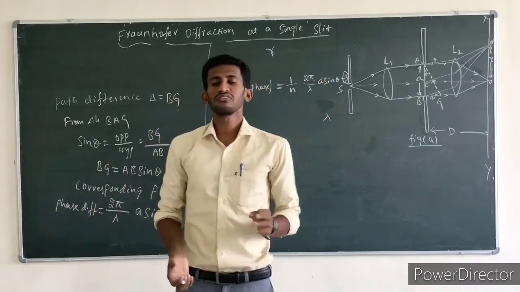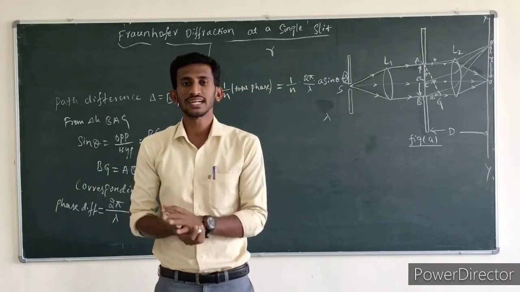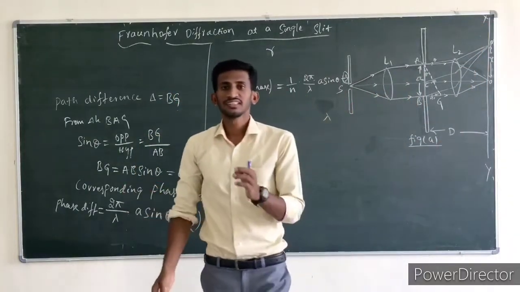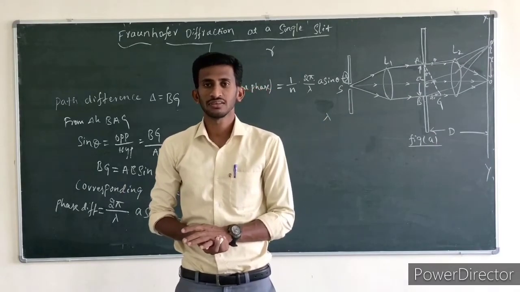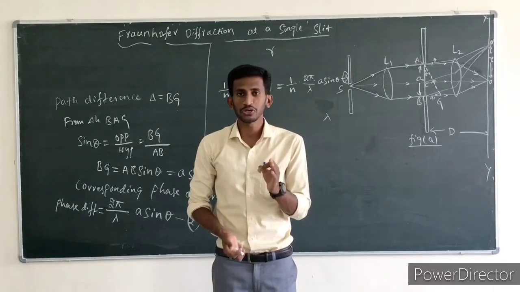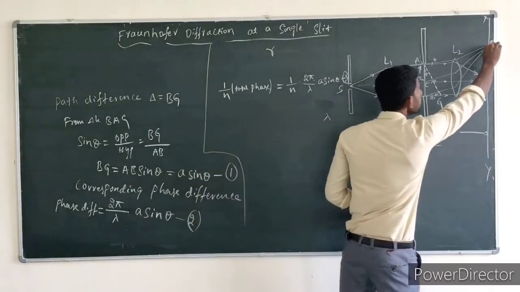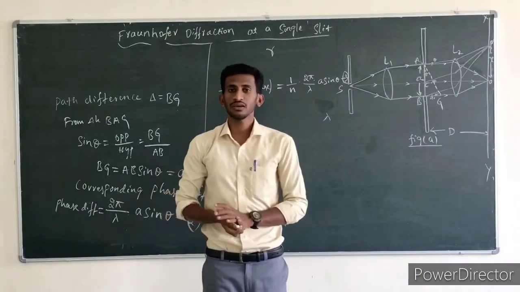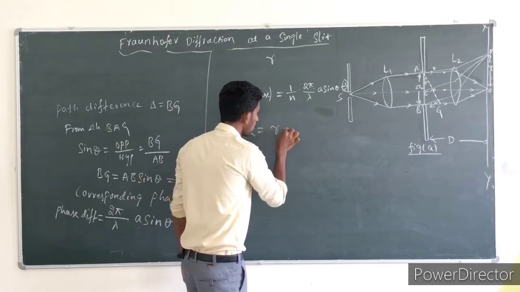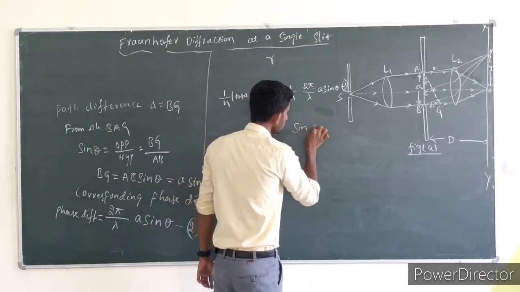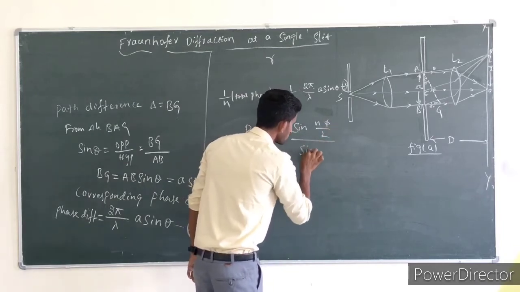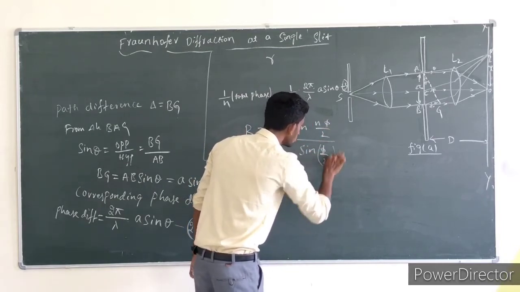Now, the resultant amplitude at this point P due to these secondary wavelets is given by capital R equal to small r into sin n phi by 2 divided by sin phi by 2.